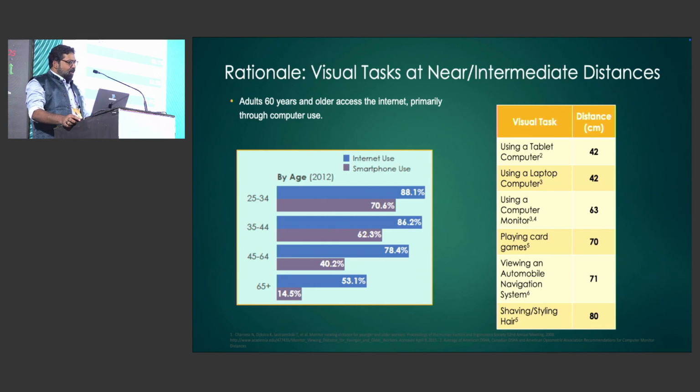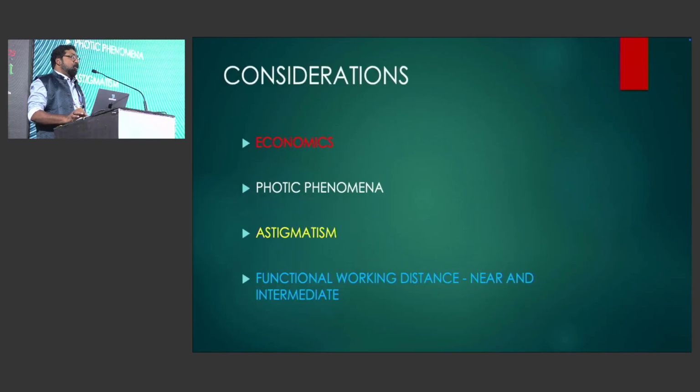But those times have gone, and cataract surgery is becoming a refractive surgery. Now we see, even above the age of 65, 53.1% use the internet and 14.5% use smartphones, according to data from 2010. And the working distance on various gadgetry means intermediate vision is also as important.